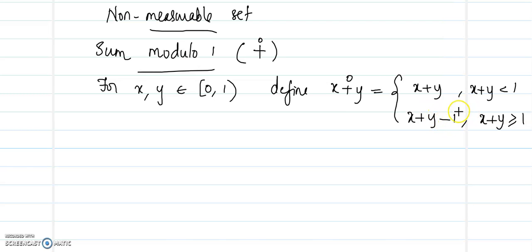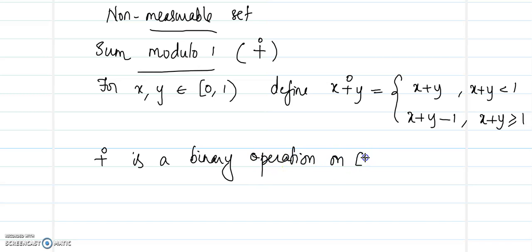So this is the value of the operation, and it is a binary operation on the interval [0,1). This is called sum modulo 1.